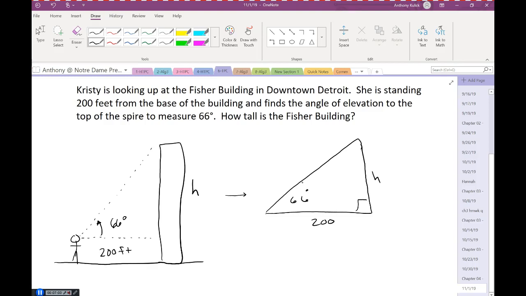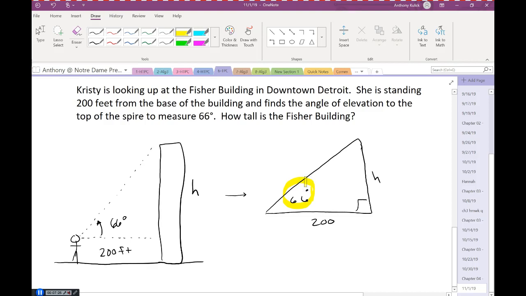So if I want to solve for this side h in this right triangle, which trig function am I going to want to use? Not the Pythagorean theorem.